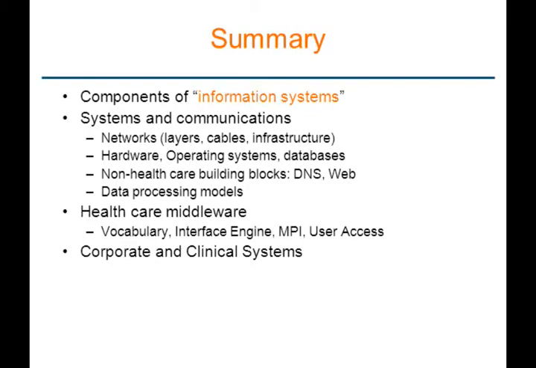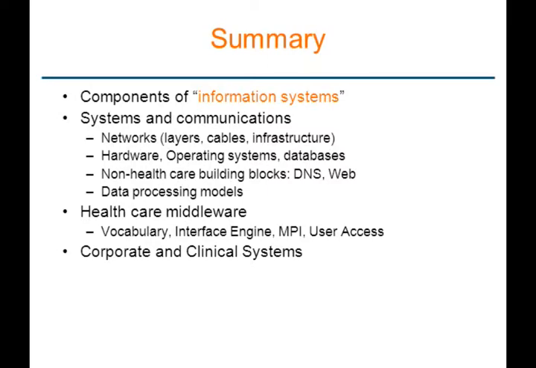In our last slide, we looked at various components of information systems as part of exploring what the infrastructure components are. And we found that at lower levels we have components related to networks, hardware, operating systems, databases.